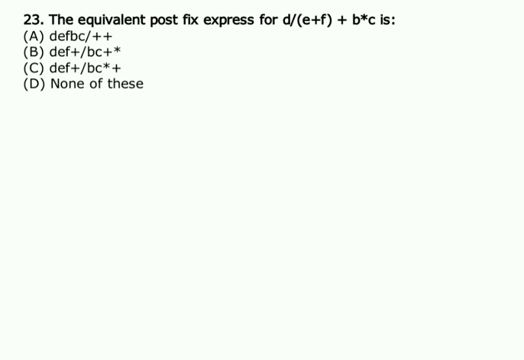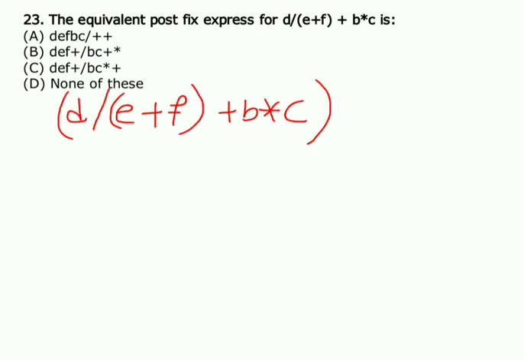The equivalent postfix expression for D by (E plus F) plus B into C is. So now we will find the postfix form of the given infix expression. So D by E F plus. In the postfix, the operand will come first, then the operator will come.